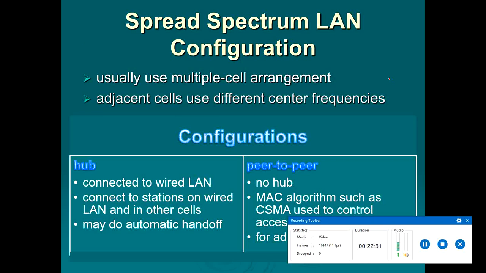Alright, now moving ahead. Let's talk about spread spectrum LAN configuration.